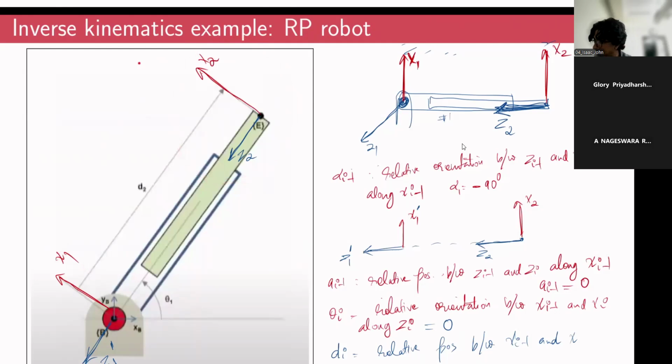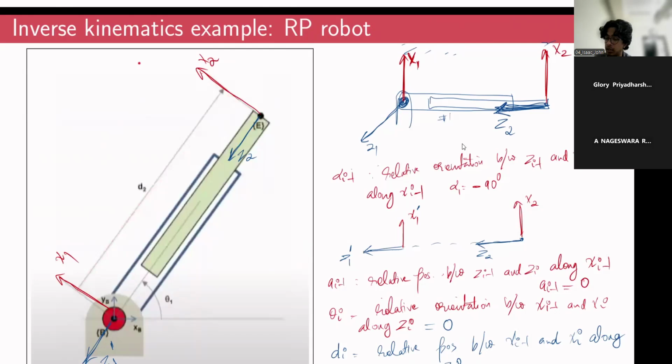The relative position between x i minus 1 and x i along z i will be your d i. So this will be x1, this will be x2. The relative position between x1 and x2 along z2 will be d2.